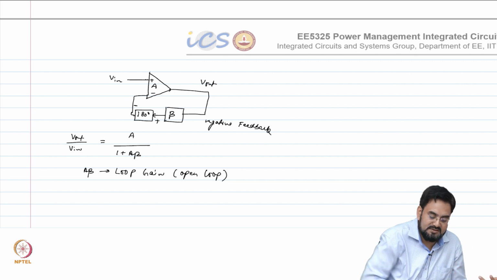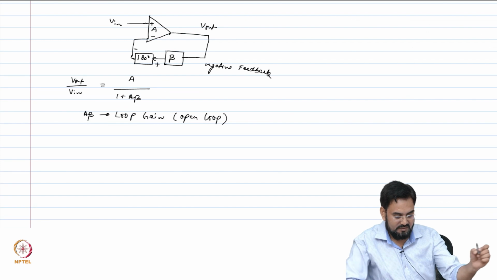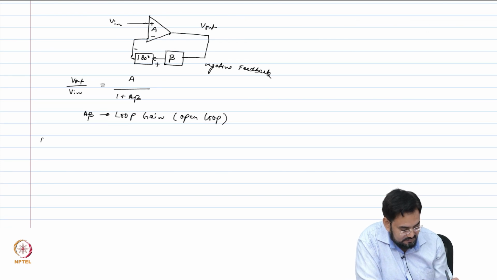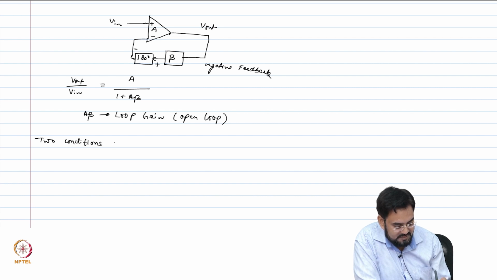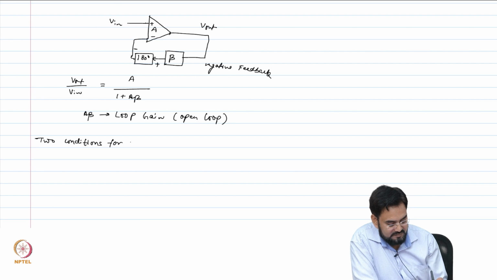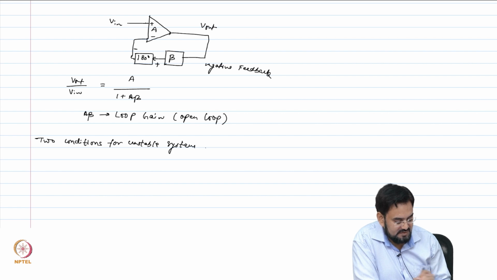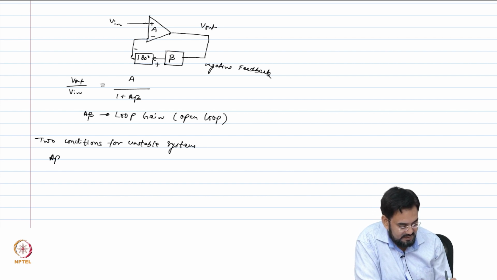So there are two conditions for an unstable system: A beta greater than or equal to 1, and angle of A beta equal to 180°.